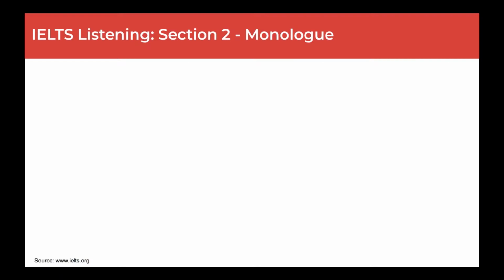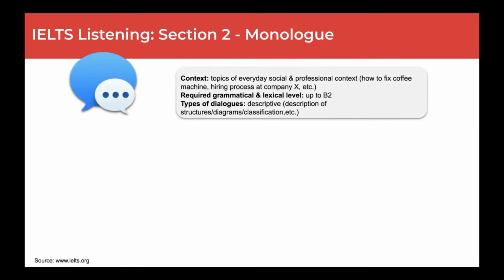So the listening section 2 is a monologue, and it covers topics of everyday social issues as well as professional context. For example, you can be offered a monologue on how to use or fix a coffee machine. What does the hiring process at a certain company look like?